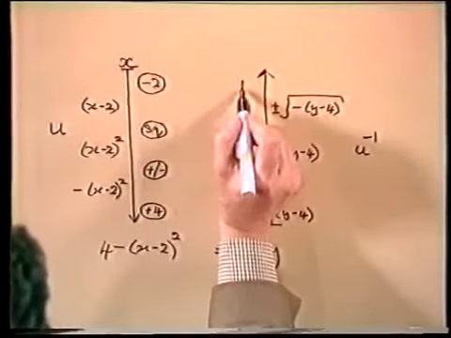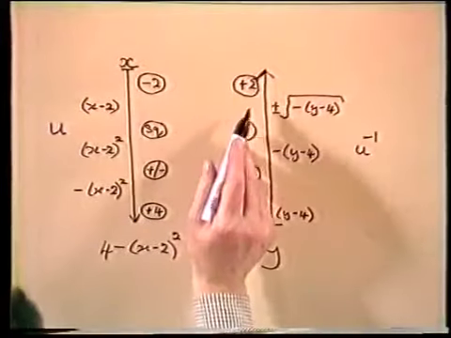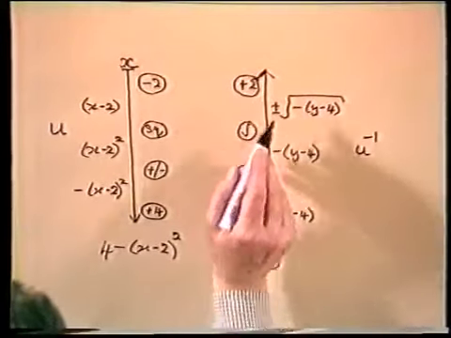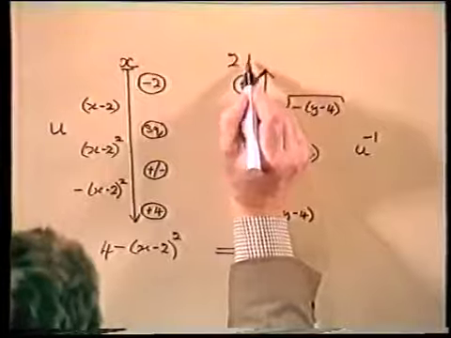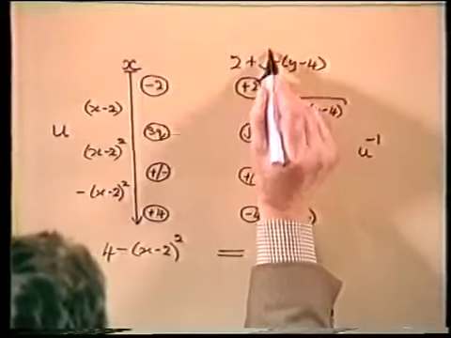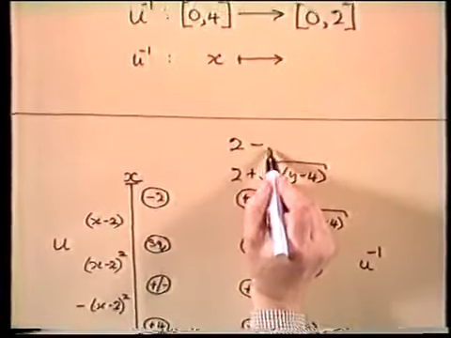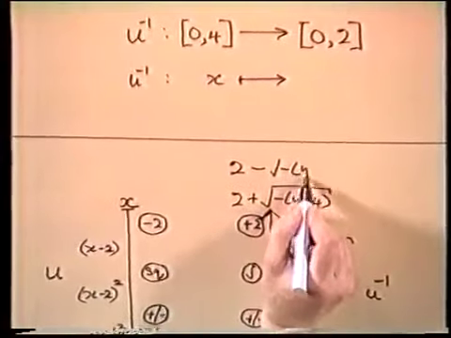Well, the reverse of subtracting 2 is adding 2. So we get two possible answers. We get 2 plus the square root of minus y minus 4, or we get 2 minus the square root of minus y minus 4.